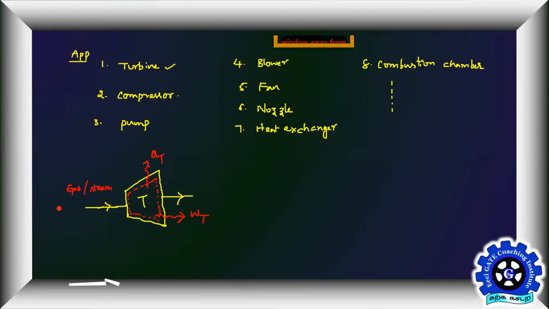Instead of gas, you can have steam. Steam means water in vapor form. Is it correct? Yes, sir. Water in vapor form, with very high energy, you send it in to rotate the turbine. That is what happens in your steam power plant. You expect the same kind of job to be done by the same turbine.